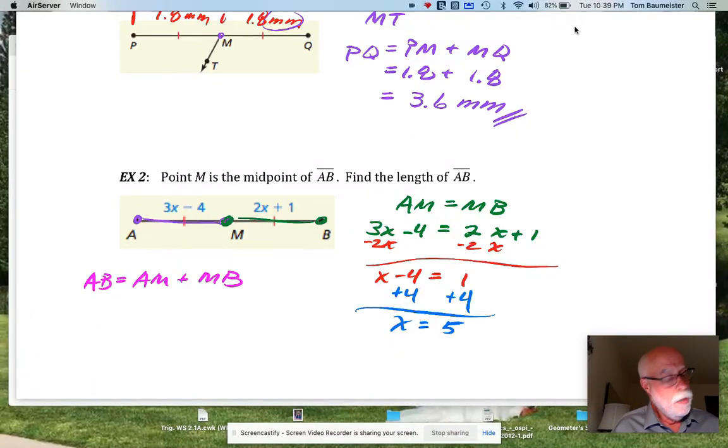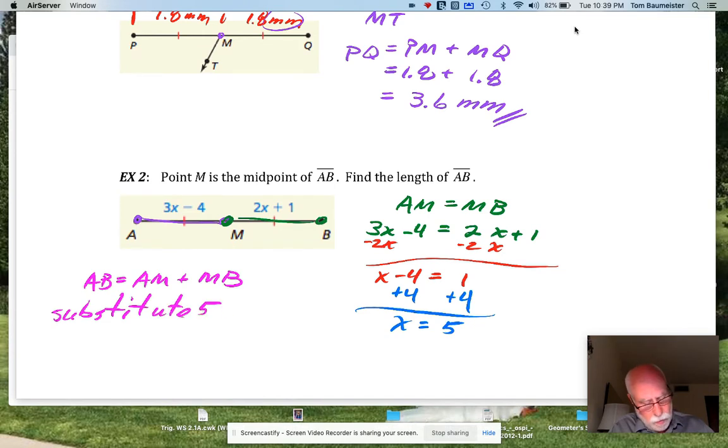All right, so we're going to substitute in 5 into AM or MB. Now remember, because they're the same, I'm only going to have to do it into one of them. So I'm going to choose MB.